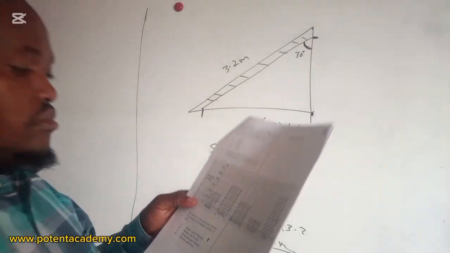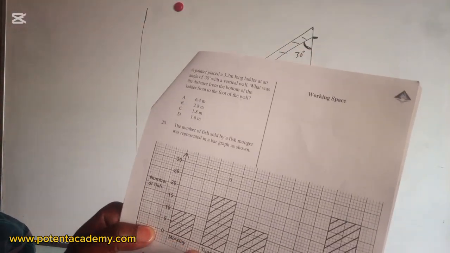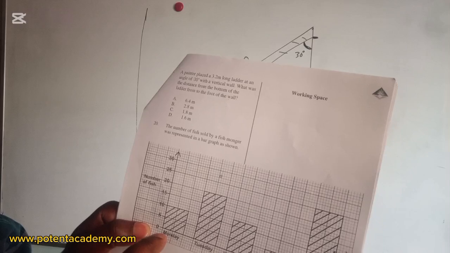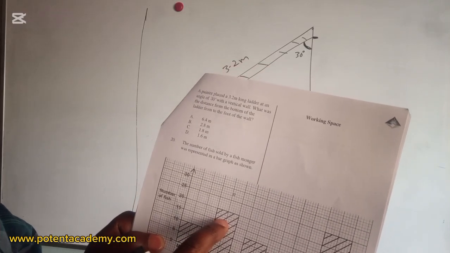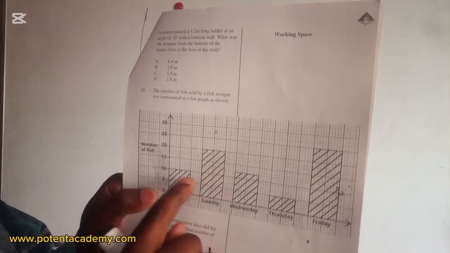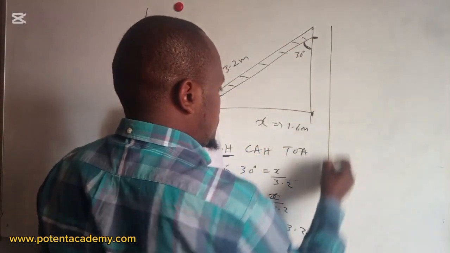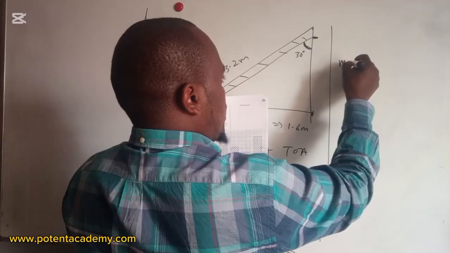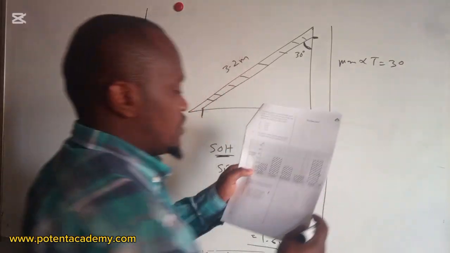So the number of fish sold on Monday is 10, on Tuesday is 20. So Monday and Tuesday the fishmonger sold 10 plus 20, which is 30. So you can write here Monday and Tuesday is 30 fish.